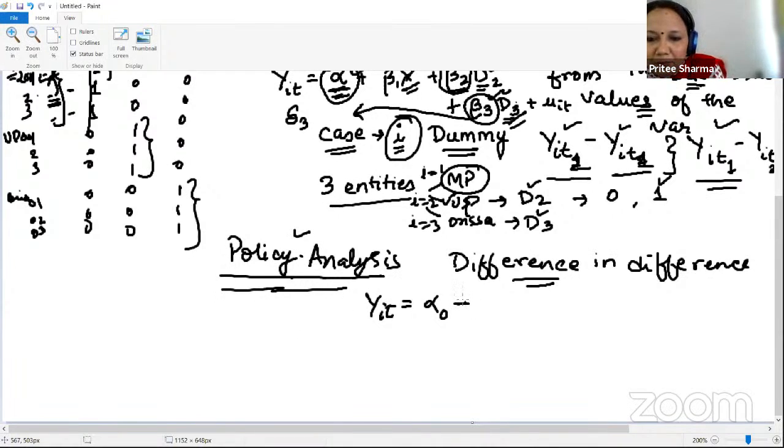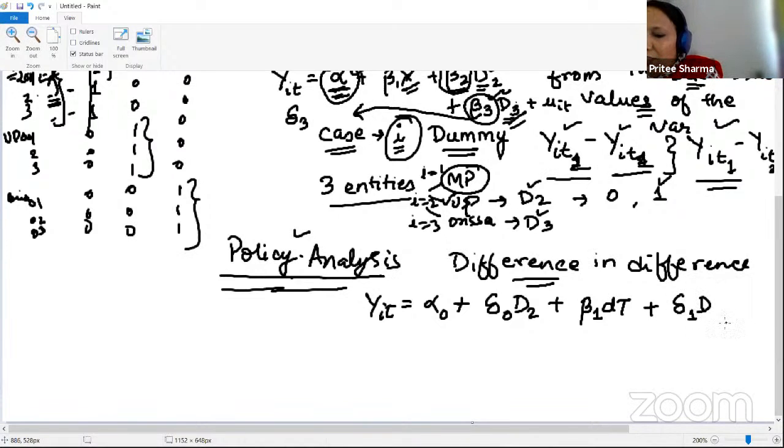Alpha naught plus delta naught for the coefficient of dummy D2, plus beta 1, because this is for an explanatory variable here, DT, and delta 1 D2 DT, plus mu.